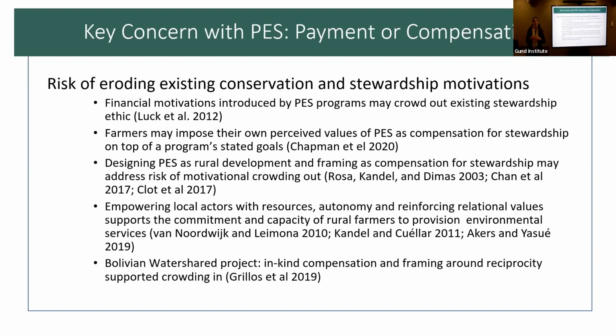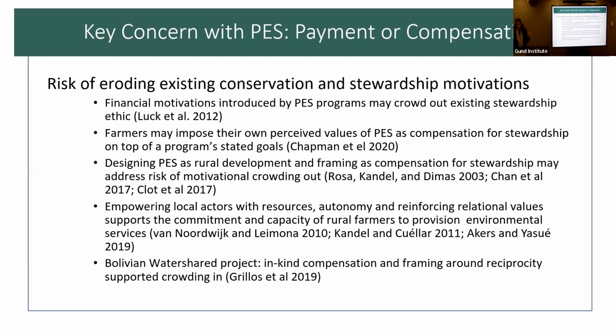I've talked to Ernesto Mendez quite a bit about this, and he was talking about examples in Central America where, instead of an individual payment to a farmer, a company or a buyer would invest in a community center or something that benefits the whole community. So it's a change in the framing and the wording, and that can really influence this crowding out phenomenon.